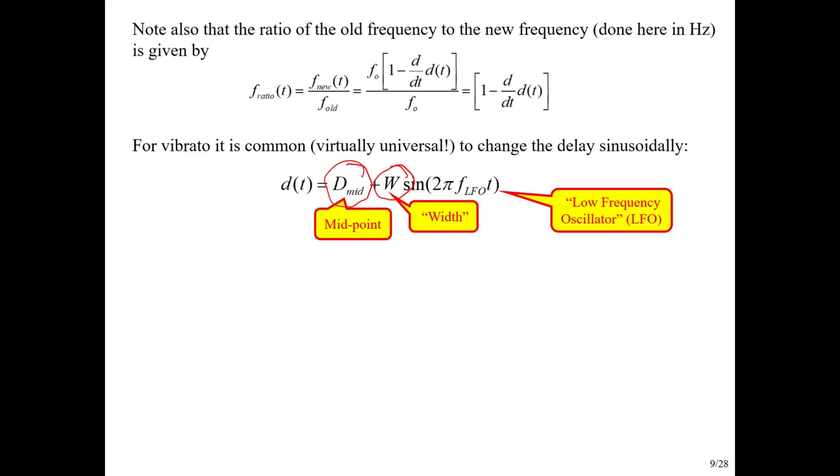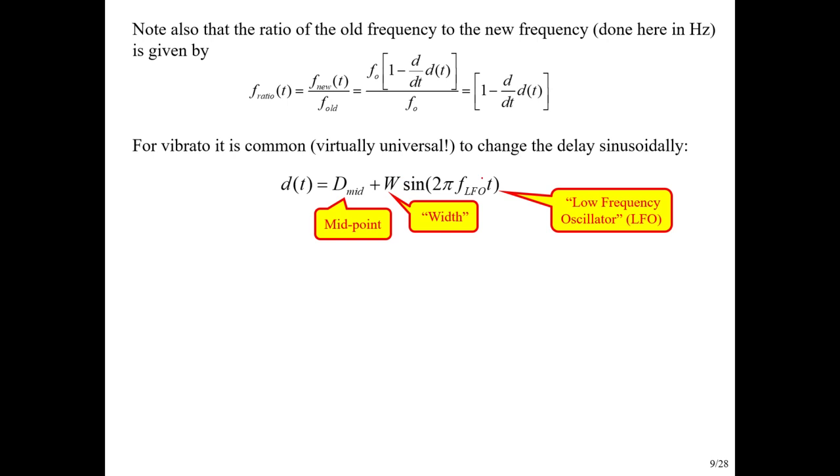But in reality, what we want to make sure is that when the sine hits a -1, we want the total delay to not be negative, because I'm not sure what that would mean. That would be an advance in time. So we just need to keep W no bigger than D mid, and then we'll be fine.